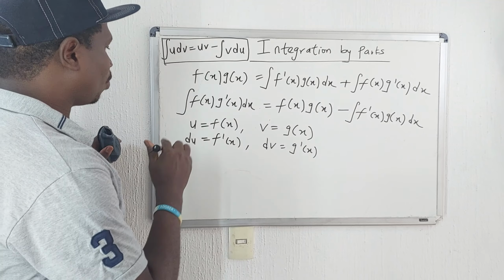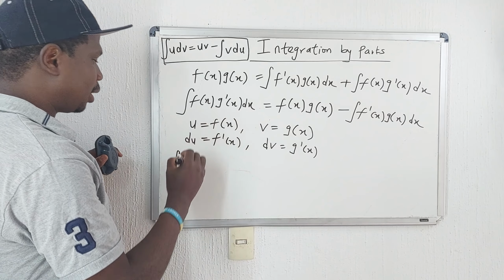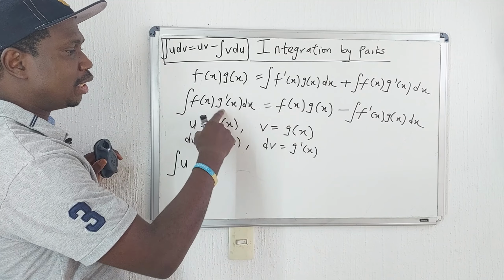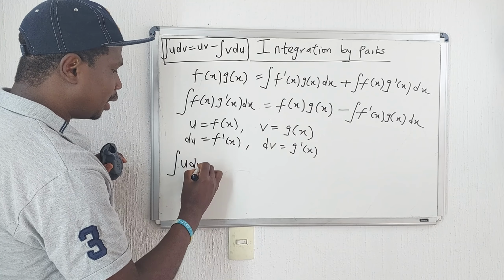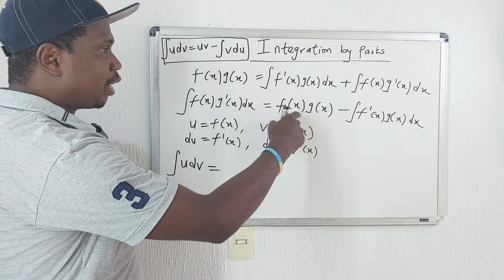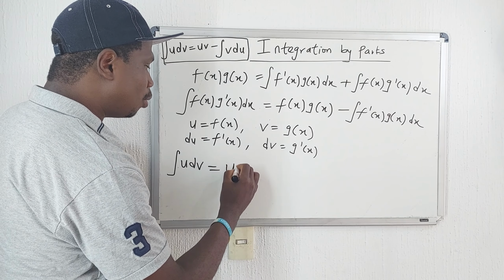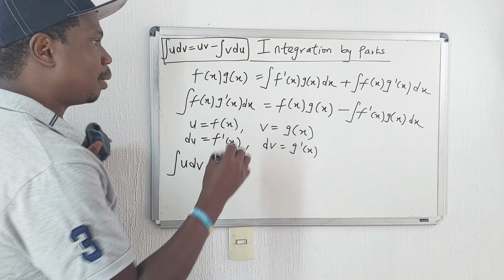So we have the integral of f of x, which is u, times g prime of x, dv, equal to what? f of x and g of x, u and v. So u is multiplying v, right?